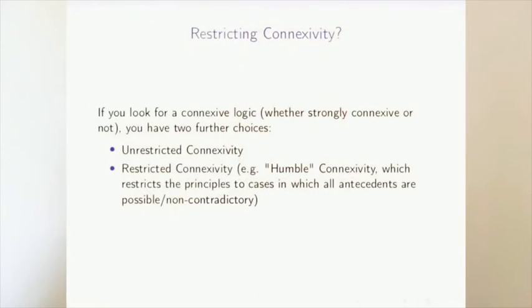And most attention here has been on the possibility of asking the connexive principles not for each and every instance, but only those that have possible or non-contradictory antecedents in their conditionals.